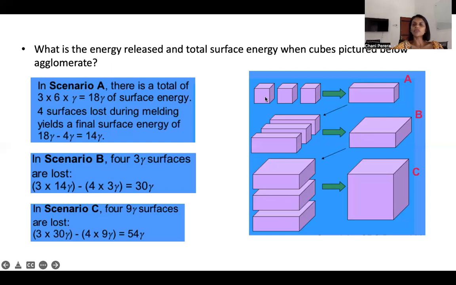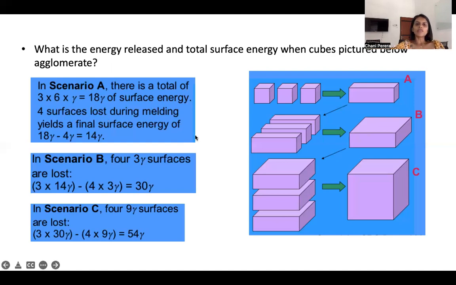What will happen if you try to agglomerate them into one rectangular block? You take these 3 cubes, put them into one, and make a single block. Let's say you glued it or somehow molded it, then we are going to lose 1, 2, 3, 4 sides because of that molding.